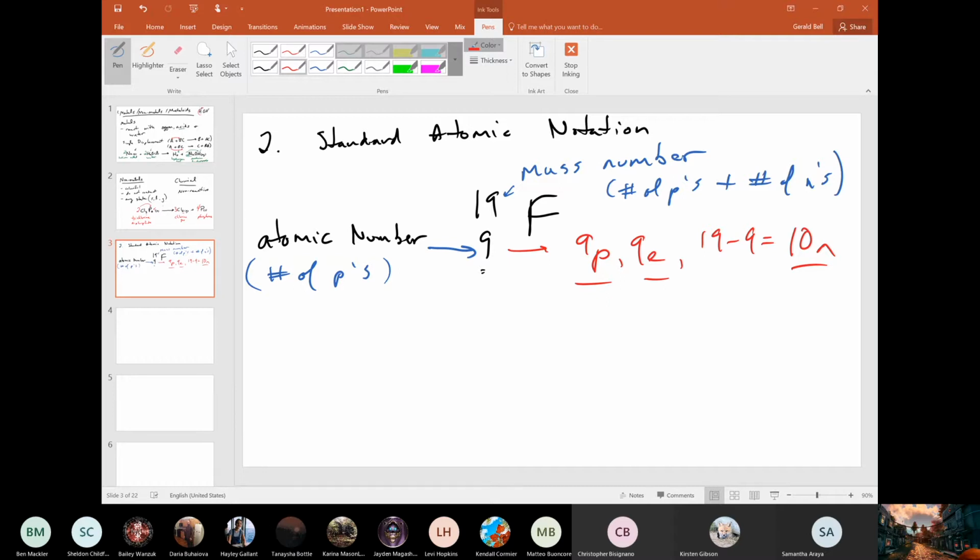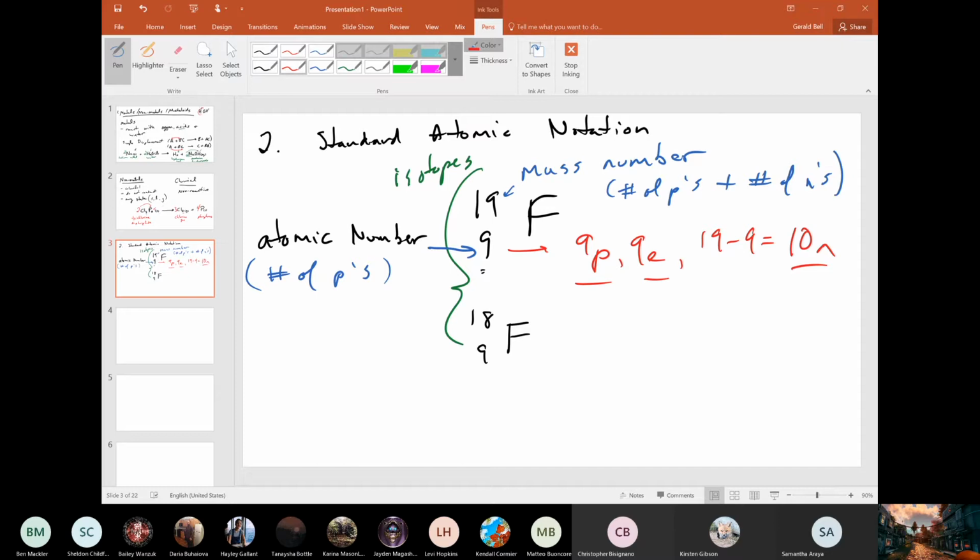I guess we could also have an isotope here of fluorine. It can be found in a couple of different ways in nature. So these two would be considered isotopes of each other. Isotopes: same number of protons, different number of neutrons.